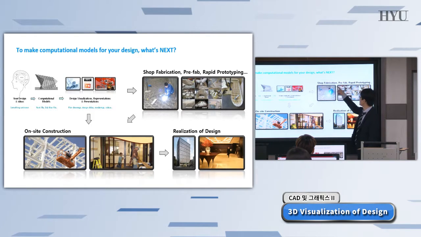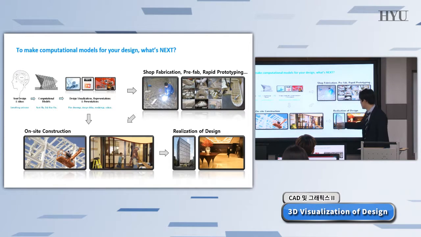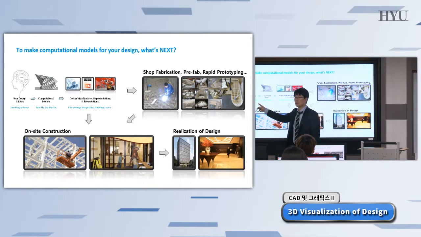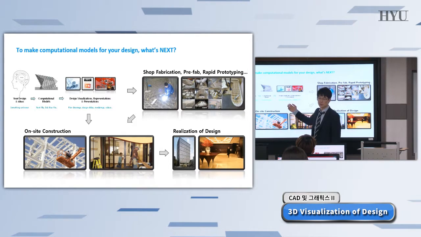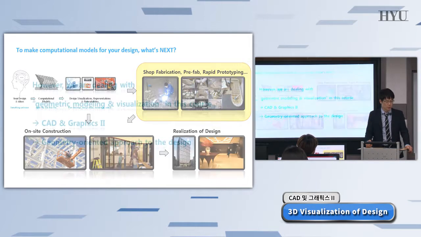Digitally fabricated, digitally prototyped, digitally managed on-site construction and so on. Even a realized building is managed by computing technologies, okay? Facility management. Of course, our main subject, the design process, is done by computers, okay? That's a critical aspect of our class in terms of design computing.